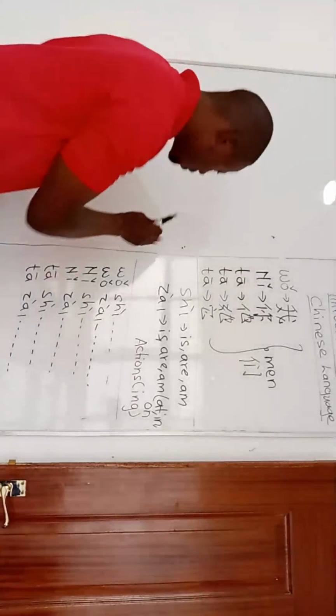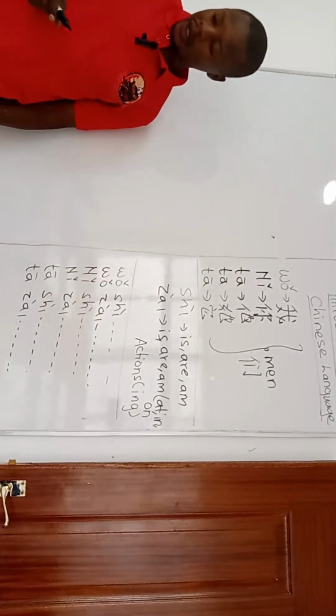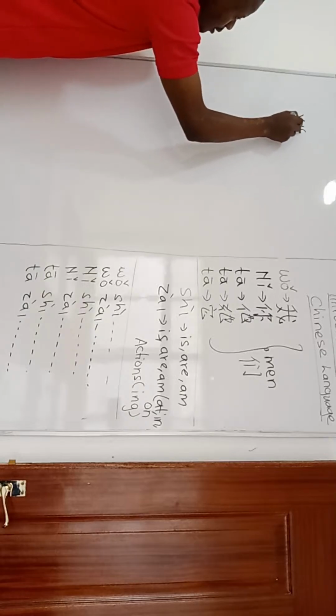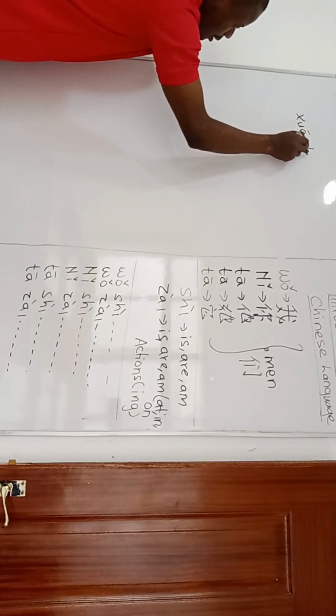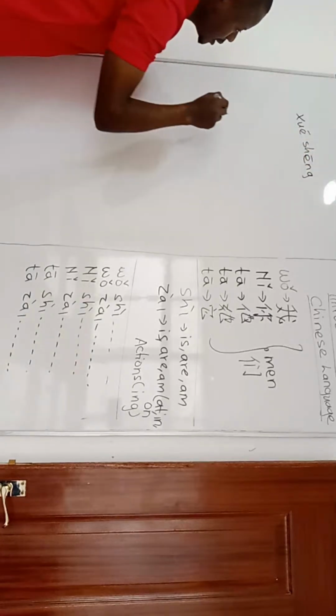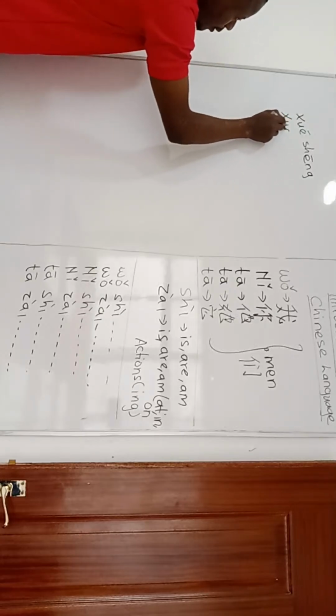I know you would say, so how do I say what I do without knowing exactly the vocabularies of your title, the vocabularies of your occupation? So if you are a student, you'll say 学生. If you are in school, you say 学校.